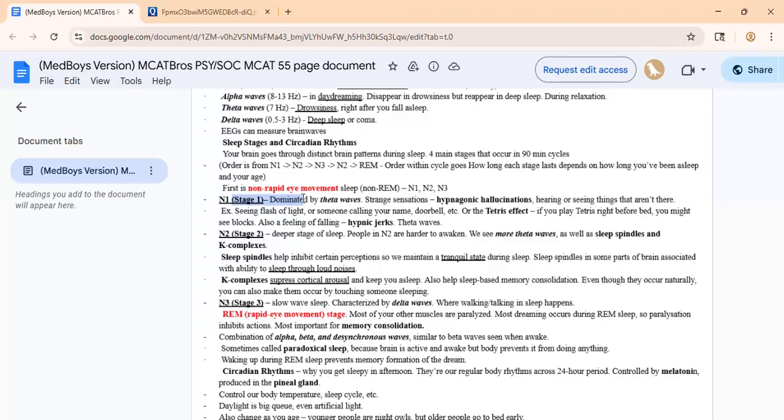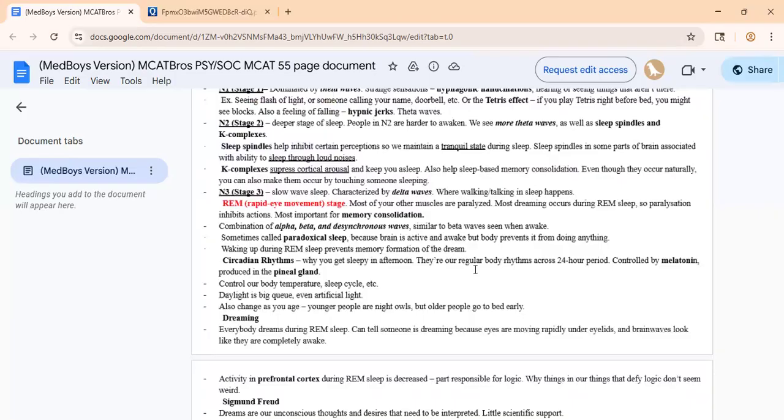N3 is going to be a lot of delta. The patient has increased delta waves. What stage of sleep do you think the patient is in? N3, nothing else. So it's important to know that K complex suppresses cortical arousal and sleep spindles help inhibit certain perception, so we maintain our sleep stage.